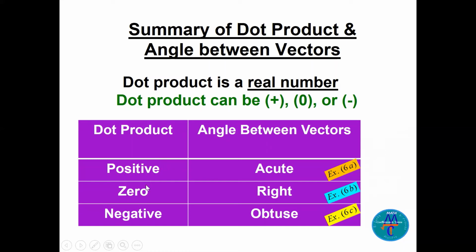If the dot product is 0, then the angle between them is right, which is 90, as we have seen in example 6b. And if the dot product is negative, then the angle is obtuse, which is between 90 and 180, and this is in example 6c. This is so nice: trying 3 different examples gives you the summary in this table.